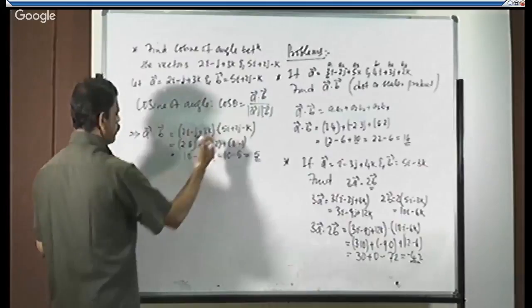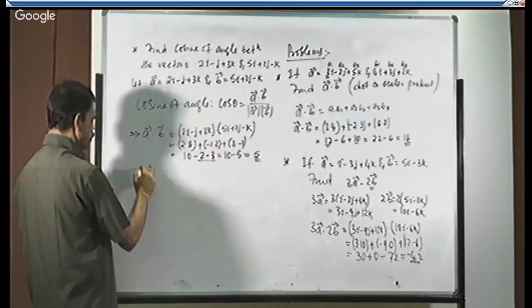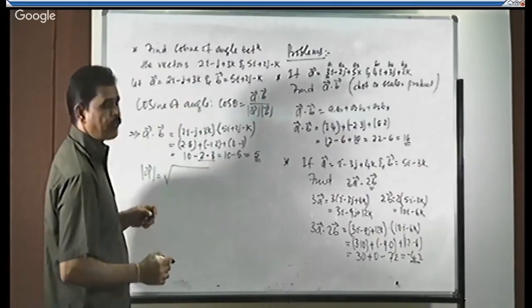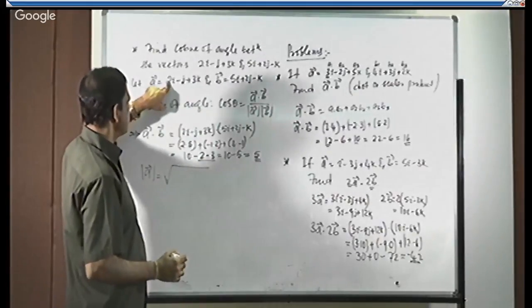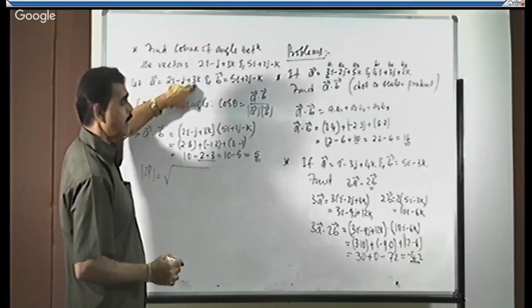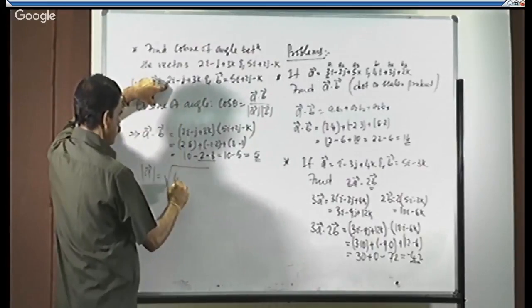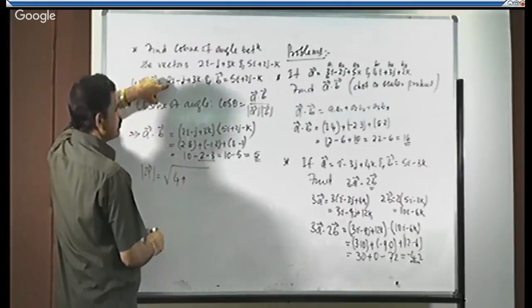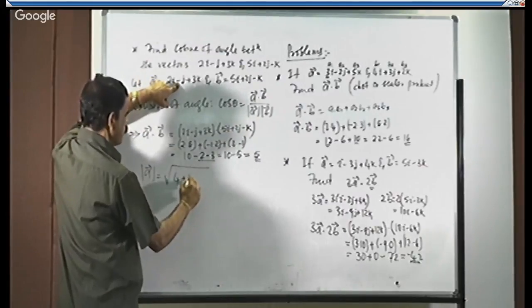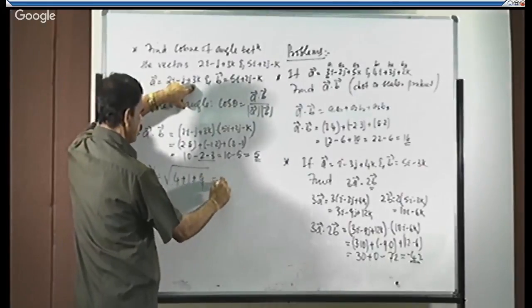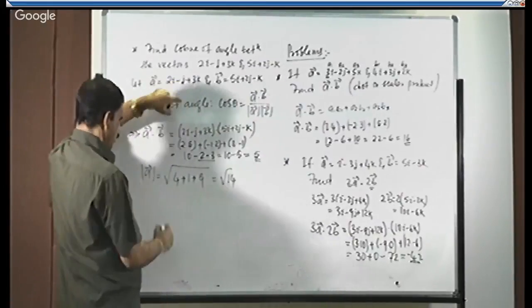Then calculate the magnitude of a. So magnitude of a is equal to what? It is the square root of the sum of the squares of the constants 2, minus 1, 3. 2 square is 4, plus minus 1 square is 1, plus 3 square is 9, which is equal to root 14.